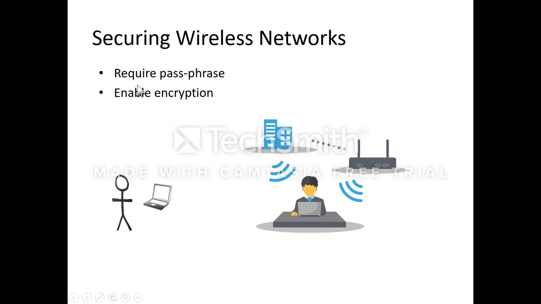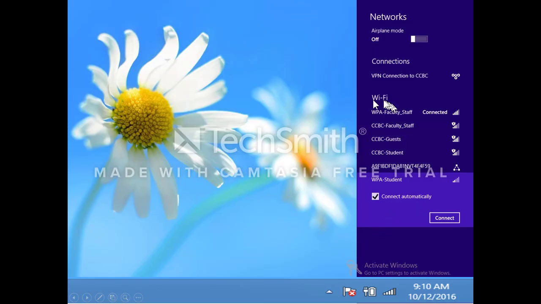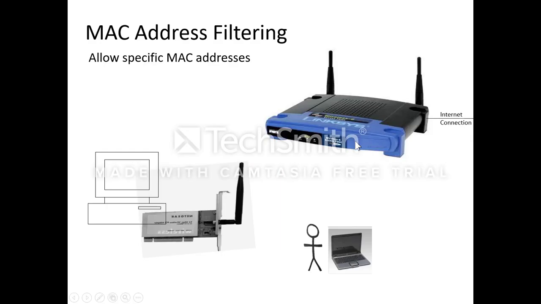Securing wireless networks requires requiring a password and enabling encryption. And for even greater security, you can disable service set identifier broadcasting, and that way nobody can even see the wireless router in a broadcast list.